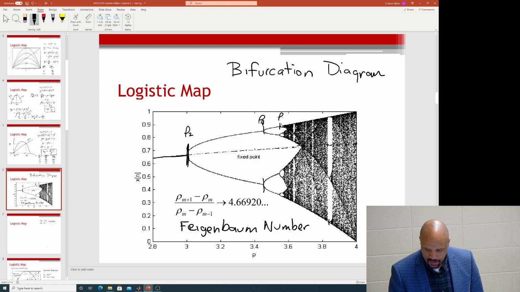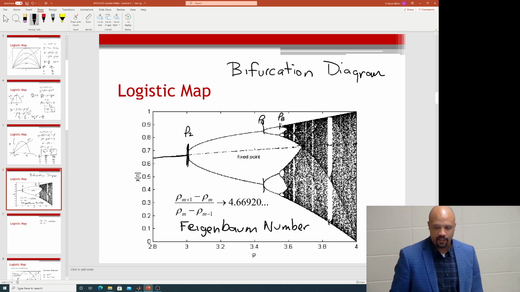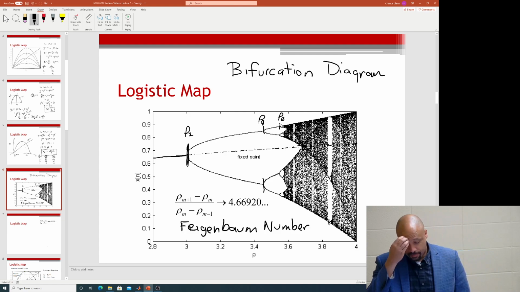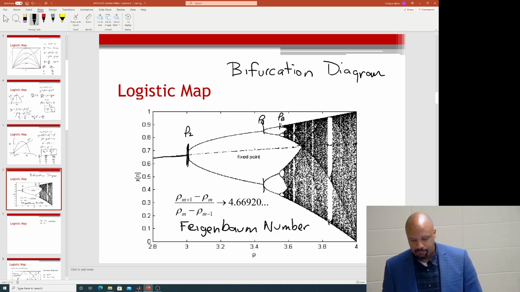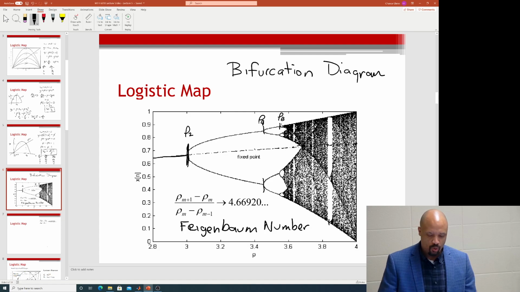I mean, sorry, 8. Because this is where period number 8 begins. And so what we're going to do is use MATLAB to calculate the diagram and then zoom into it and try to figure out where these values are.